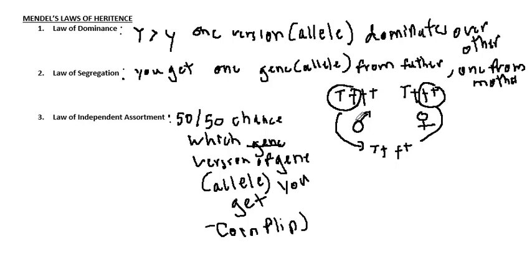They're completely independent of each other. So which one you get is completely 50-50. So statistically, it will turn out that way if you track numbers like count plants, as Mendel did. So 50-50 chance, coin flip, which one you get, but you only get one, which is law of segregation. And if you get the dominant one, it will supersede over the recessive one. It will show over the recessive one. So those are three rules that Mendel figured out and are at the basis of all classical genetics.